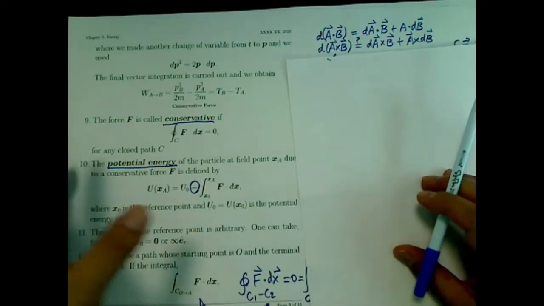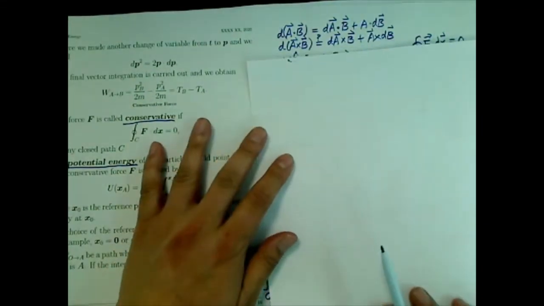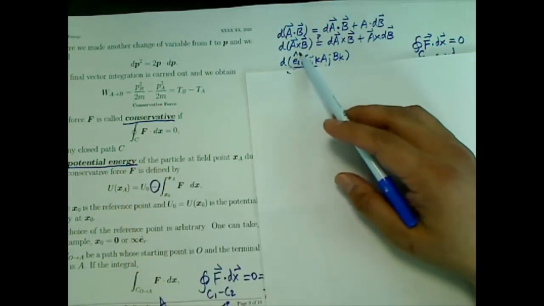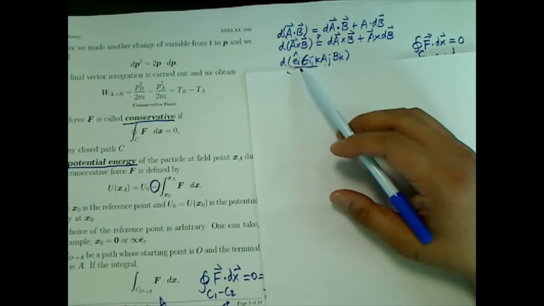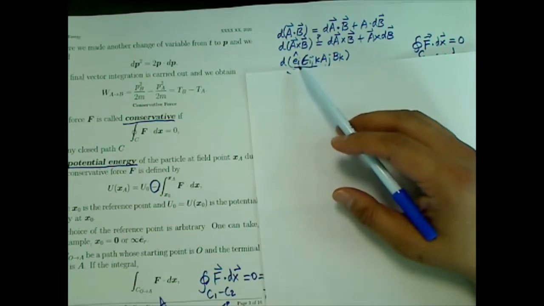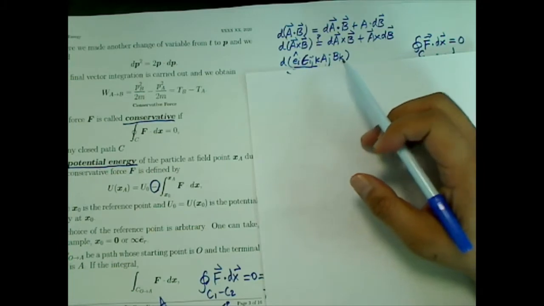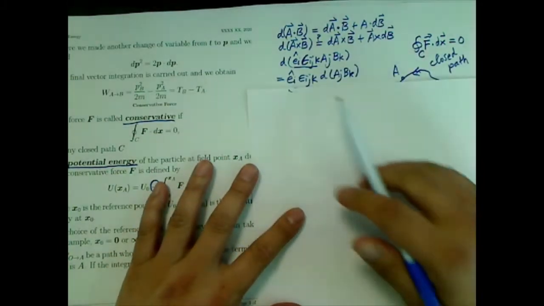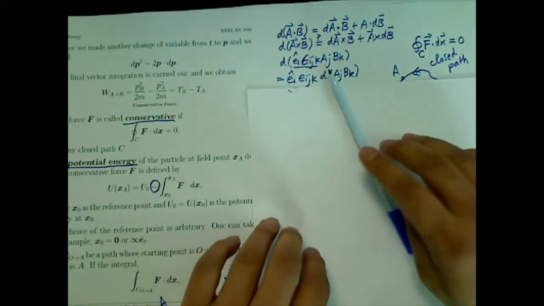It's confusing, but actually this is right. Let me check it. First, we can write down A cross B component-wise in the Cartesian coordinate system: e_i hat epsilon_ijk A_j B_k. And this e_i hat and epsilon_ijk, what are the differentials?